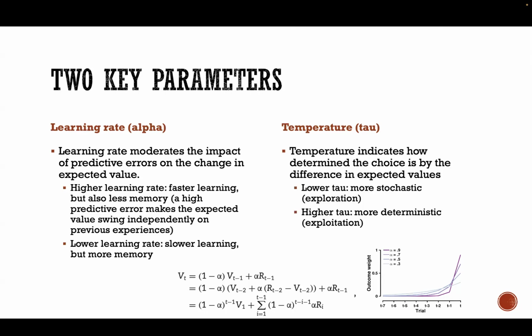Temperature is the second parameter of a reinforcement learning algorithm that says that given the expected values of the possible choices, how much determined are we by the one that has the higher expected value? It's what often is called the exploration exploitation trade-off.